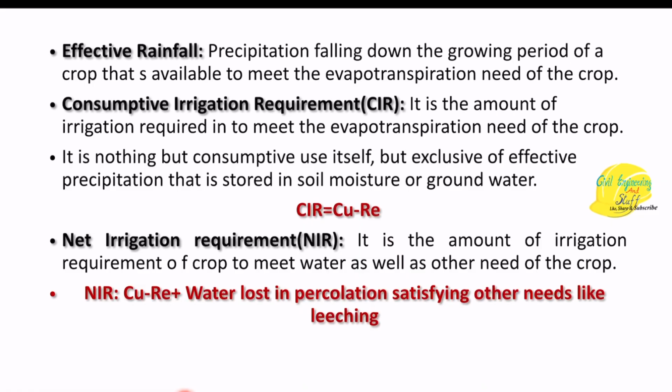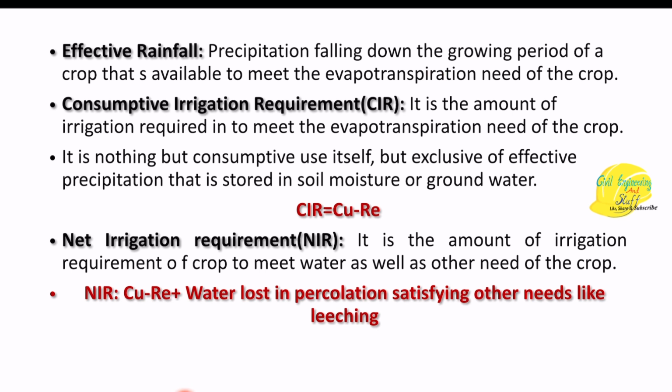All right, and that rainfall water is called the effective rainfall. Okay, I hope this term effective rainfall is clear. It is absolutely that quantity of water of the rainfall that fulfills the evapotranspiration.